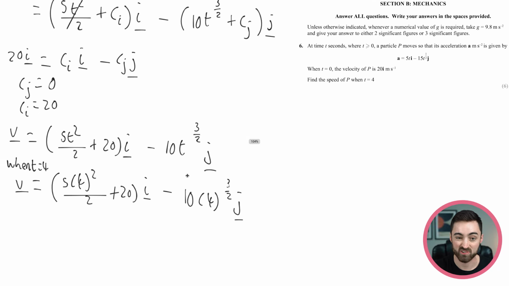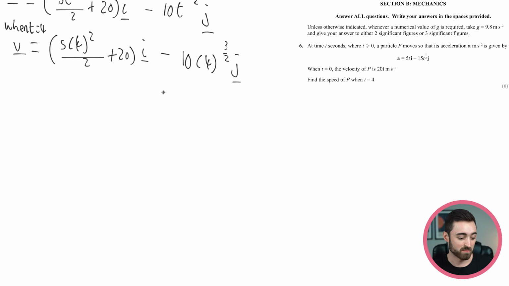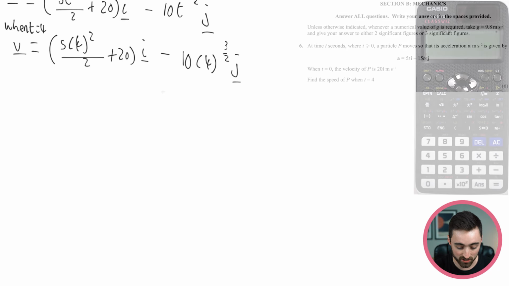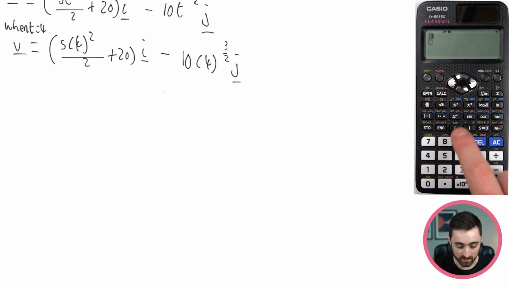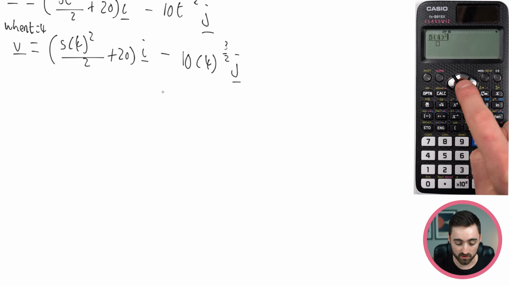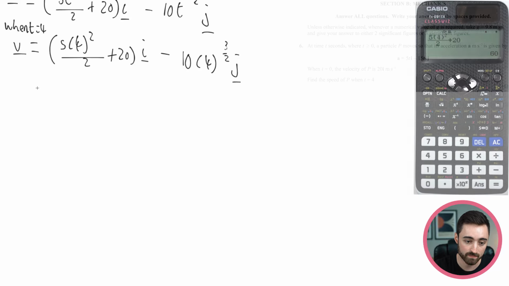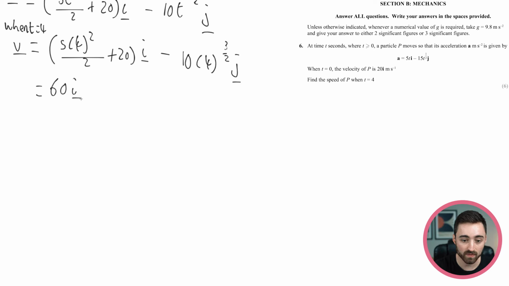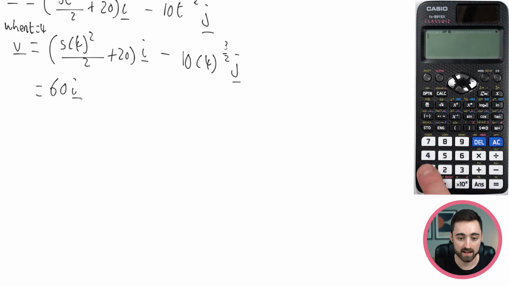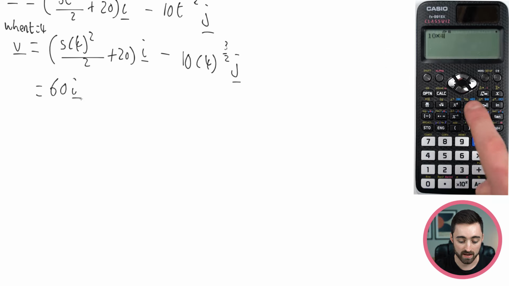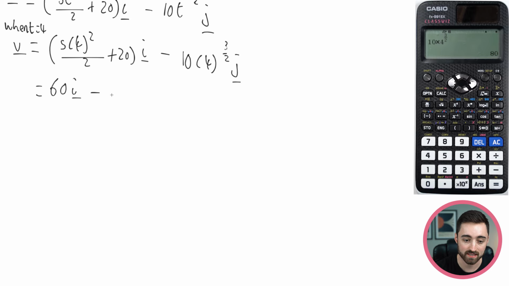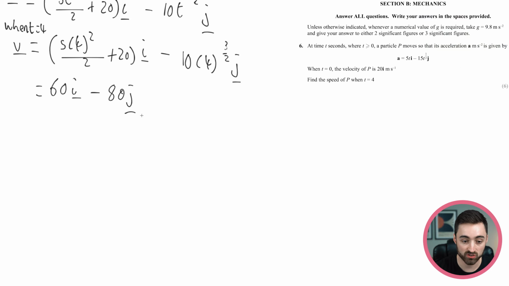Now I could try and impress you here by doing it without a calculator, but I would rather not encourage that behaviour because you ain't impressing anyone, so let's just go to it, right? So first thing I'm going to do is write 5 times 4 squared over 2 plus 20, which is going to get me 60, so that's 60 lots of i. And then I'm going to write 10 times 4 to the power of 3 over 2, and that's going to get me 80, so that's going to be minus 80 lots of j.